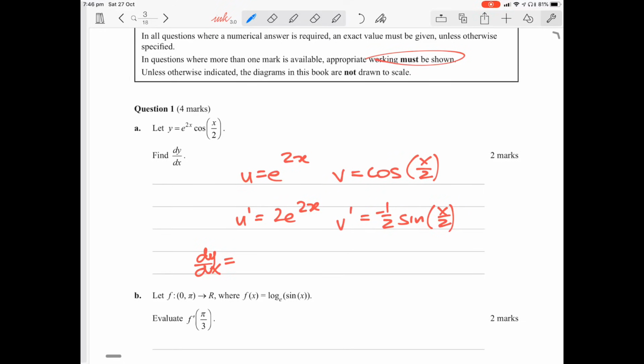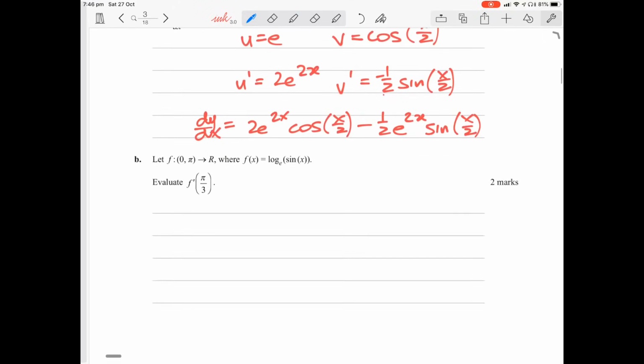So I'm going to say 2e to the 2x cos x on 2 minus a half, because I've got that half here, e to the 2x sine x on 2. I'll leave it like that.